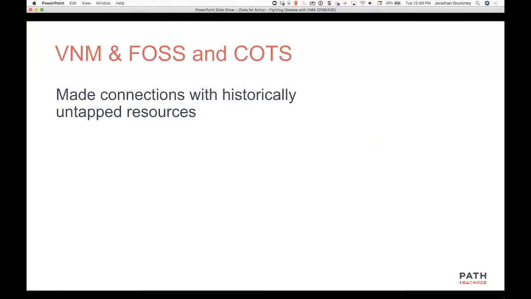So for us, in thinking about what we were going to use to solve these problems of helping people analyze and work with their data, we were making connections with historically untapped resources. And we did receive grants for the software, which took that cost of software out of the equation.